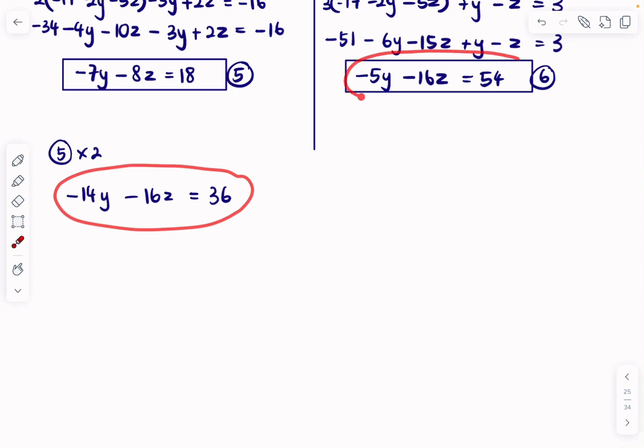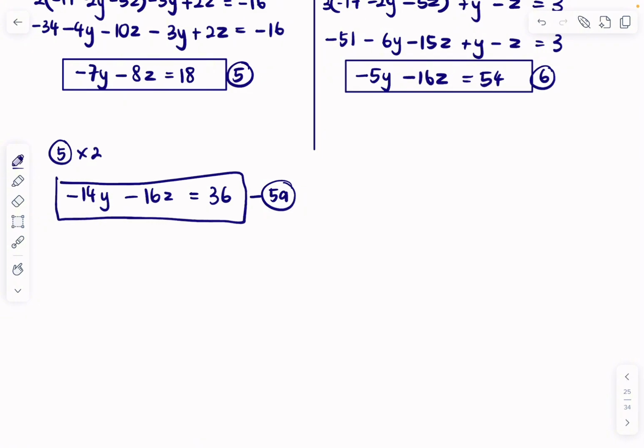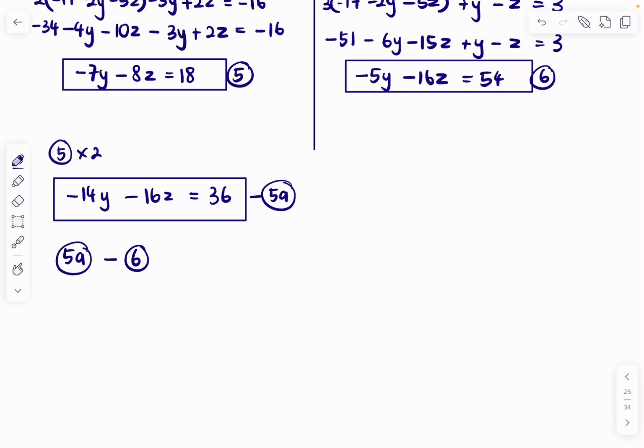We call this equation 5a. Okay, it's the modified version of equation 5. So next step we say equation 5a minus equation 6. So we'll get negative 14y minus 16z is 36 minus negative 5y minus 16z is 54.